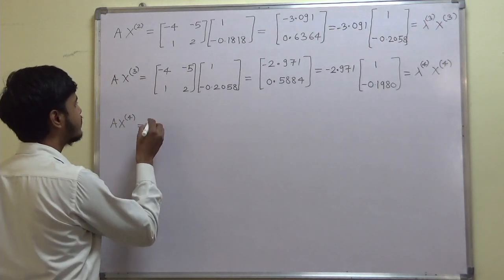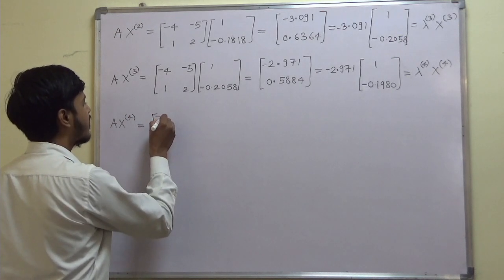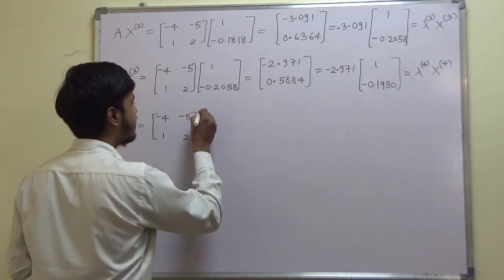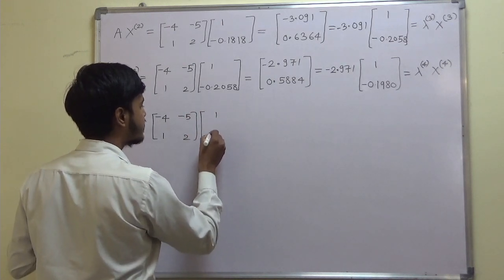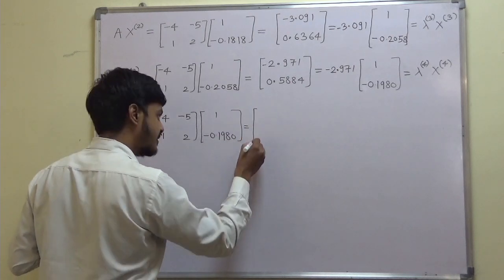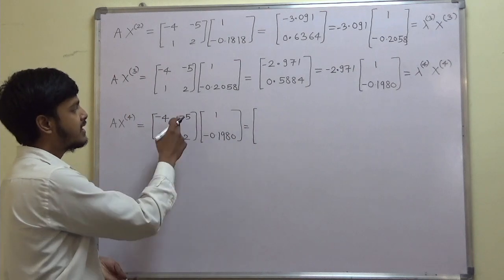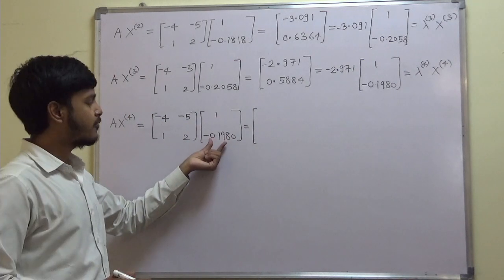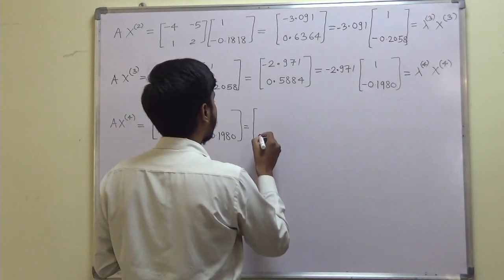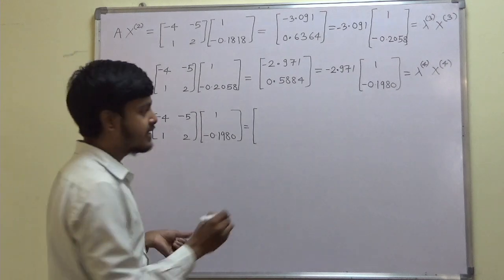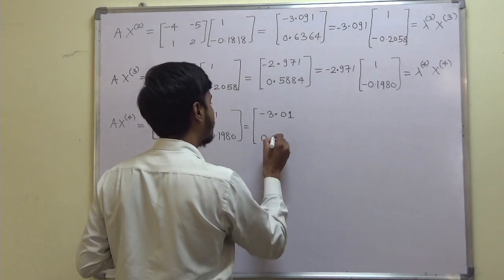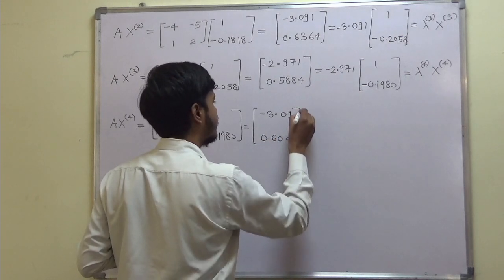So what is AX4? AX4 is the matrix [-4 1; -5 2] operating on [1, 0.1980]. When you multiply this, -4 ones are -4, and -5 times of minus means +4, so we'll be getting -3.01 and here 0.604.